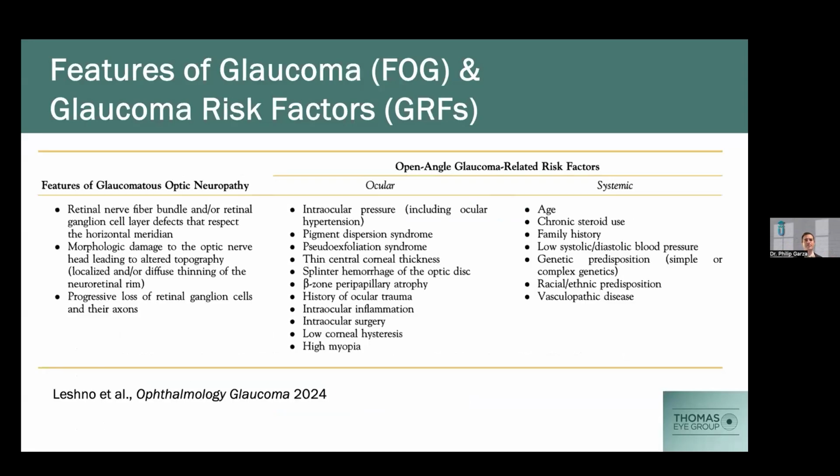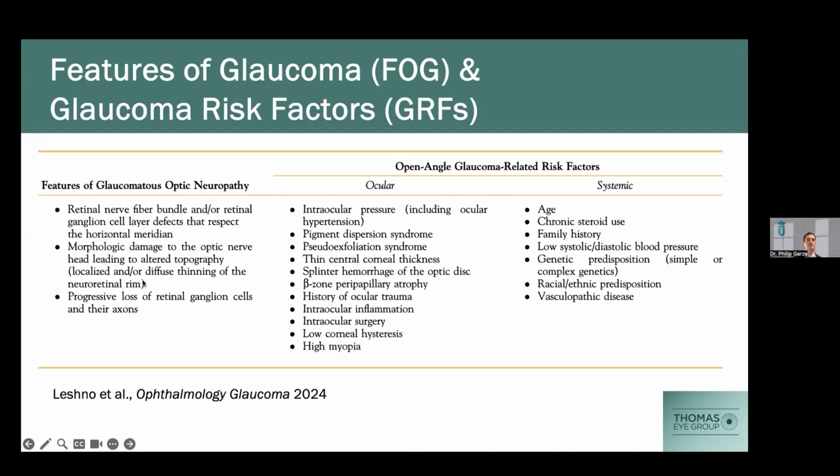And so this is a table from that paper, and basically the split is this way. The features of glaucomatous optic neuropathy is one axis, and the other is to list out the patient's glaucoma risk factors. And I'll just take a moment to talk about the features of glaucomatous optic neuropathy and how we can be more communicative about this. We can say the patient has nerve fiber bundle or retinal ganglion cell defects that respect the horizontal meridian, and that's what's making you concerned about them having glaucoma.